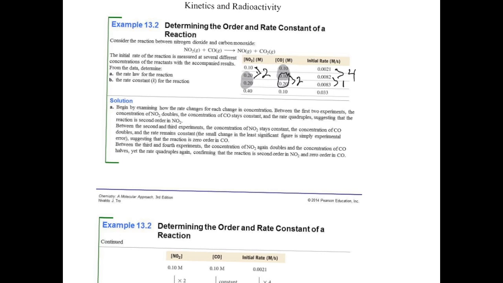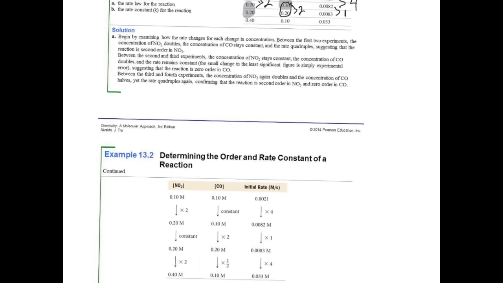That means if we look at our data now, we can say that NO2, oh, sorry, let me say this differently. Actually, I think it's said down here, so I'm going to just let it do it for us.